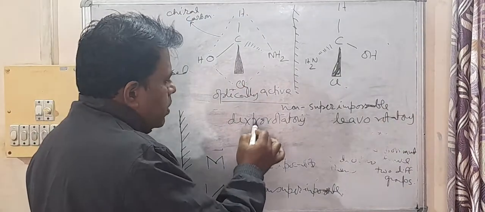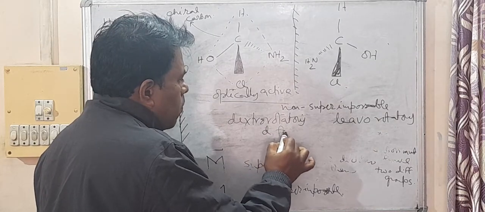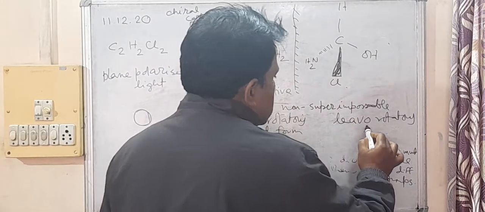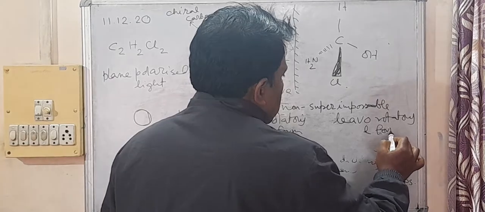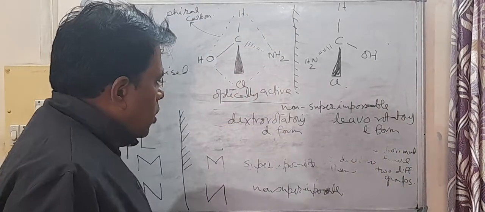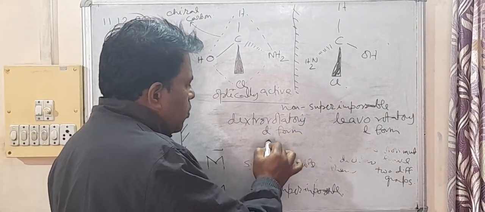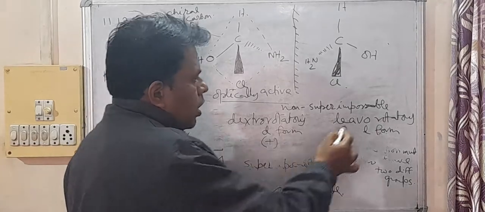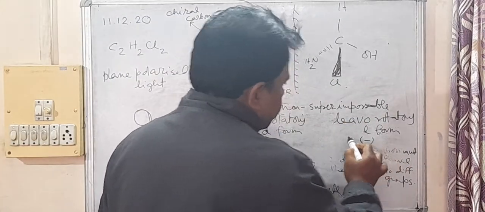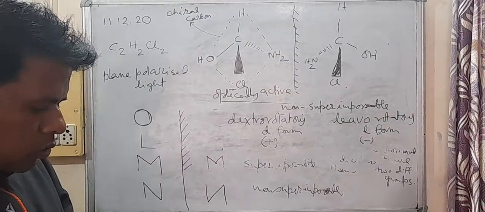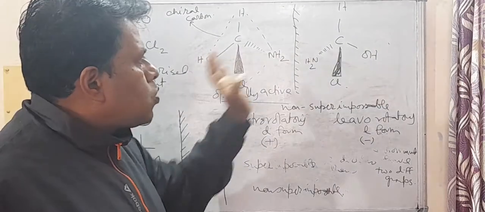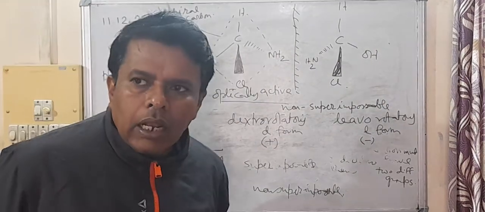This is also represented as the D form, in short, and this is written as the L form, in short, which is another way to represent it. The D form is represented by plus, the L form is represented by minus. So these two compounds are called optical isomers.